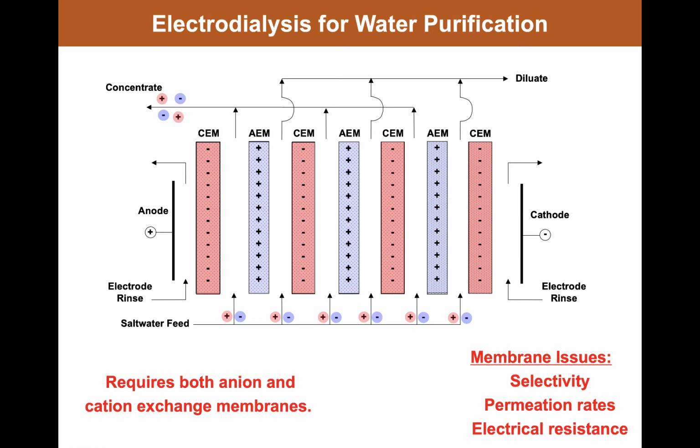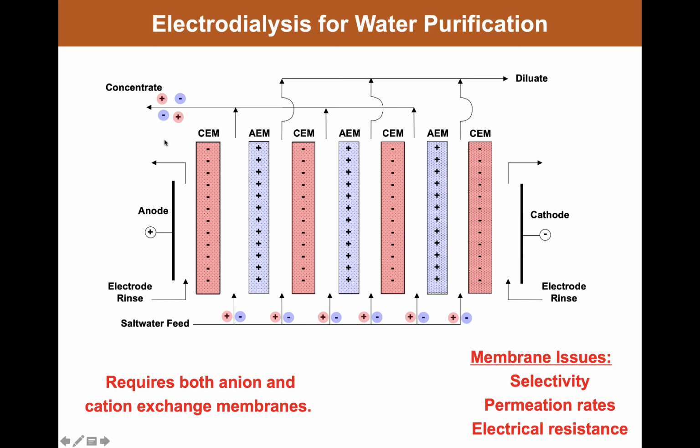And the membranes are now special. They have fixed charges on the backbone of the polymer. Those that have negative charges on the backbone are referred to as cation exchange membranes because these negative charges will attract cations, or positively charged ions.